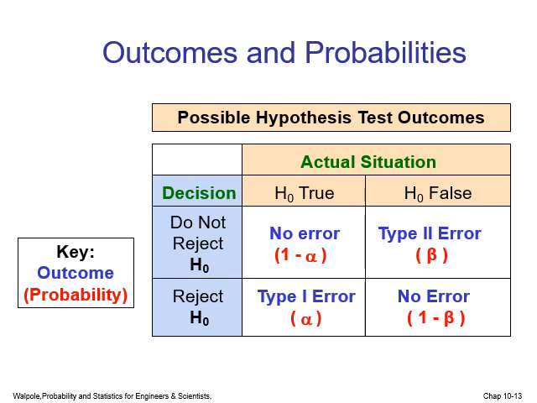If we reject H0, we call it type 1 error. And if H0 is false and we do not reject it, it is called type 2 error, or beta. And if H0 is false and we reject H0, there will be no error and the value is 1 minus beta.